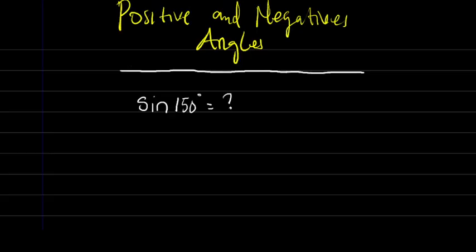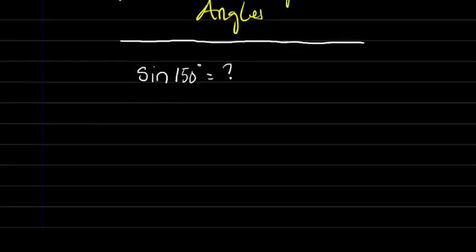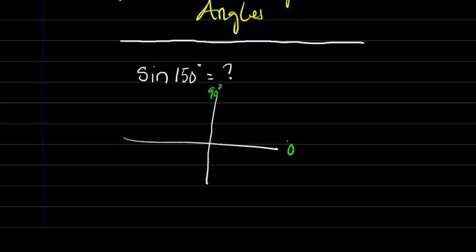We can easily do that by looking at the quadrant where this angle lies. So where is sine 150 degrees? Using the quadrants, this is 0, this is 90 degrees, this is 180 degrees, this is 270 degrees, and this is 360 degrees. So 150 lies here.